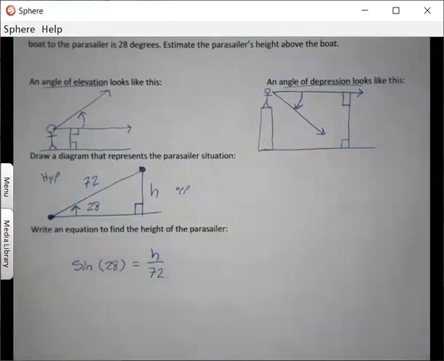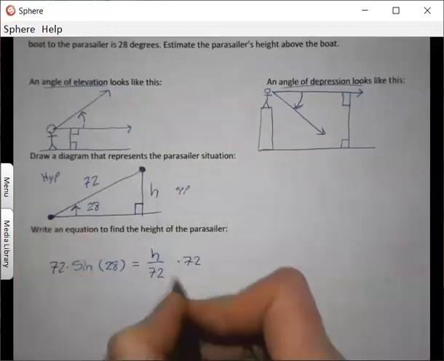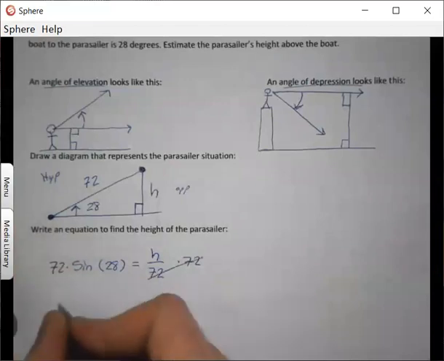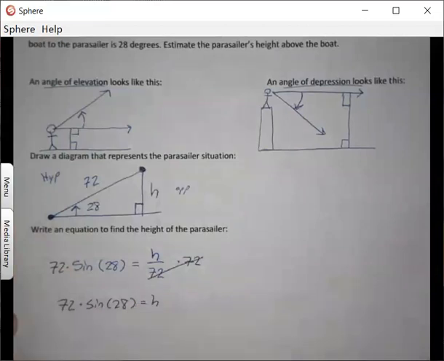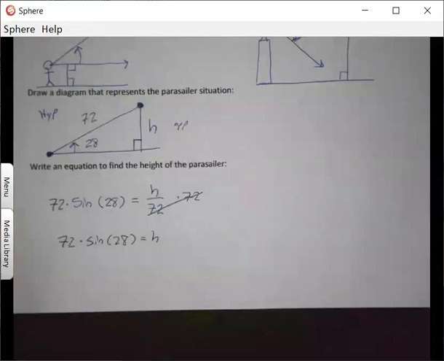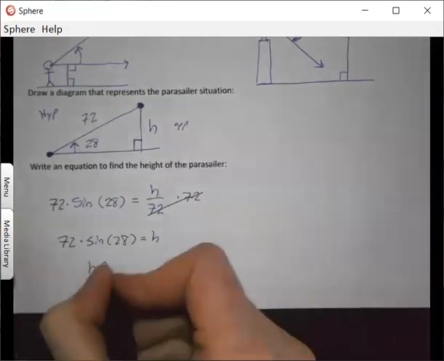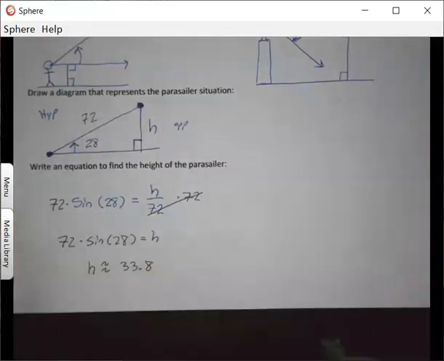Solve for h. So multiply both sides by 72. So 72 times the sine of 28 is our height. We can put this in a calculator and get an approximation. So our height is approximately 33.8 feet.